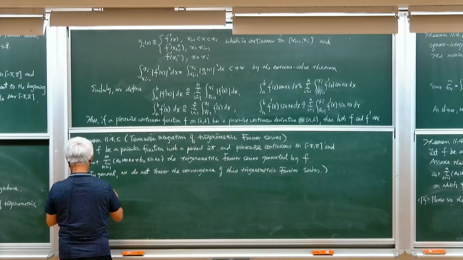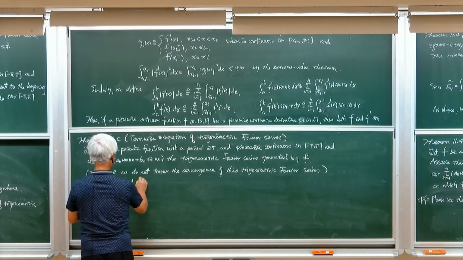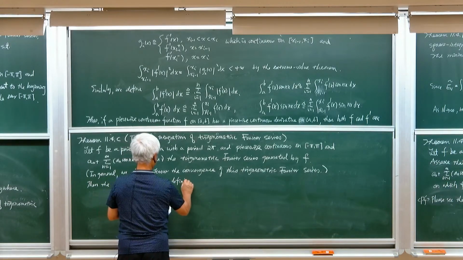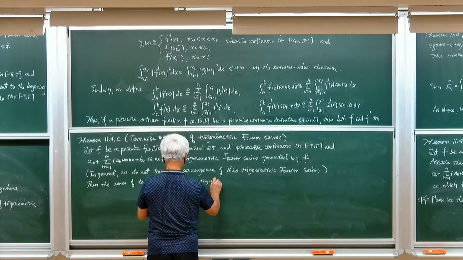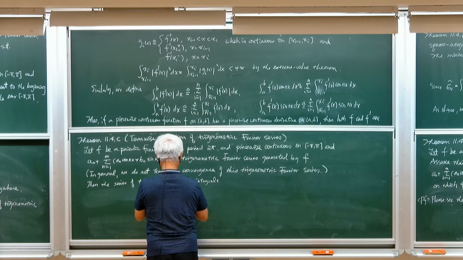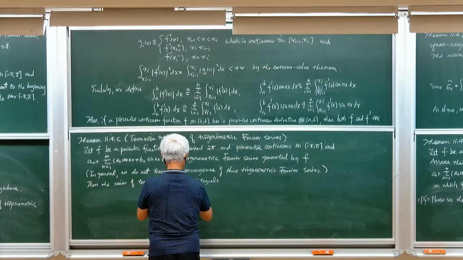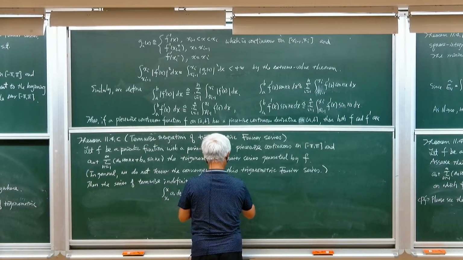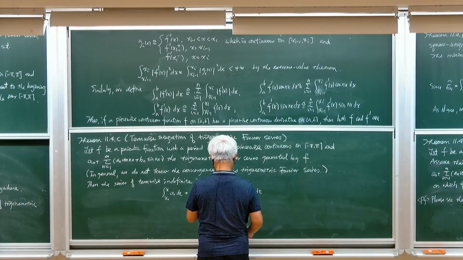Okay, but we have the following conclusion. Then the series of pointwise indefinite integrals, which is the integral from x0 to x of a0 dt plus the summation n from 1 to infinity of the integral from x0 to x of an cosine nt plus bn sin nt dt.